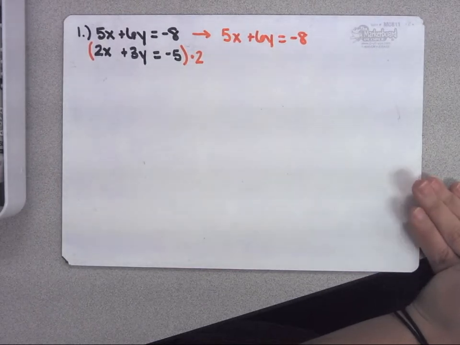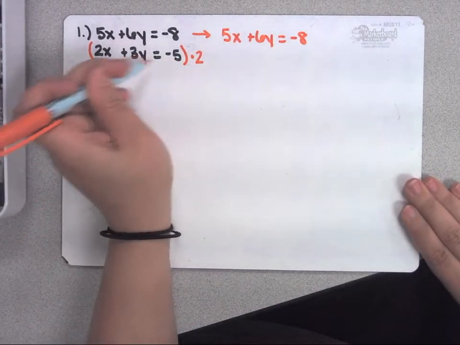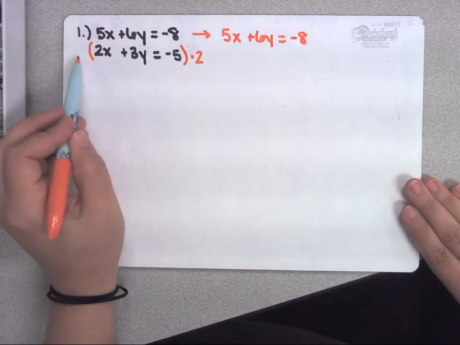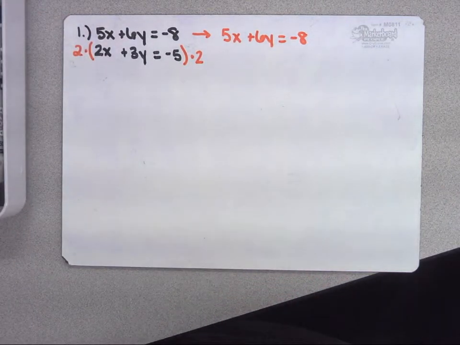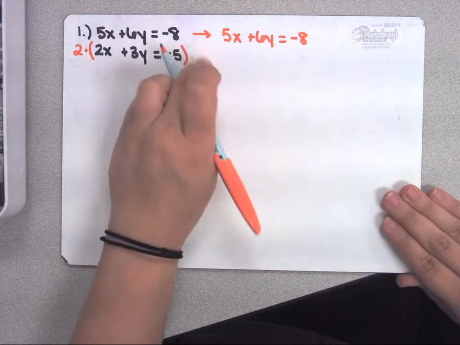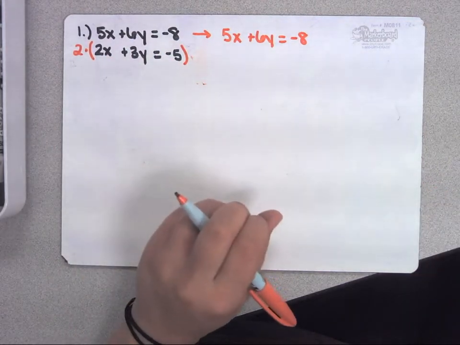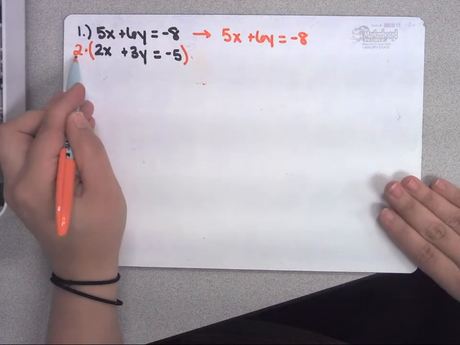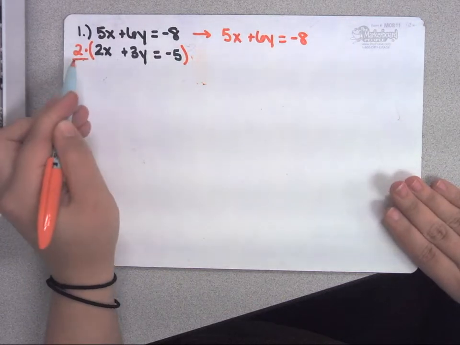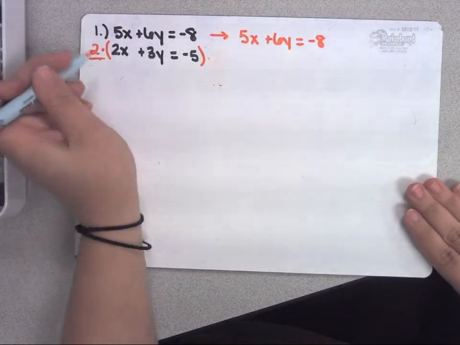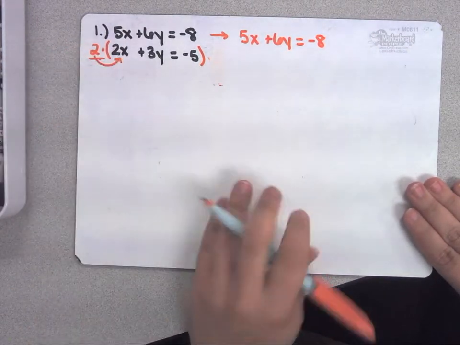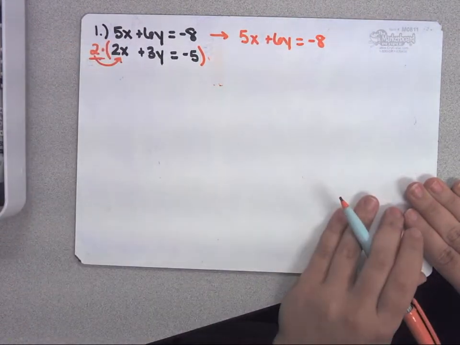Now this next equation, what does it tell me I need to do? You can put the times 2 in the front too, because I know that's how you're used to seeing distributing. What do we need to do to this bottom equation? What's this say? Times everything by 2. So you're going to take 2 and multiply it by 2x. What's 2 times 2x?